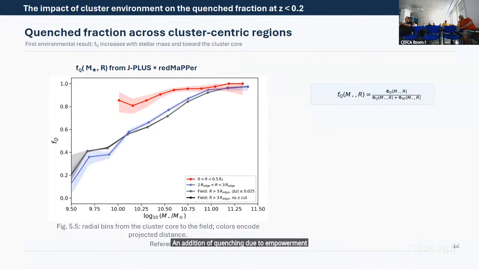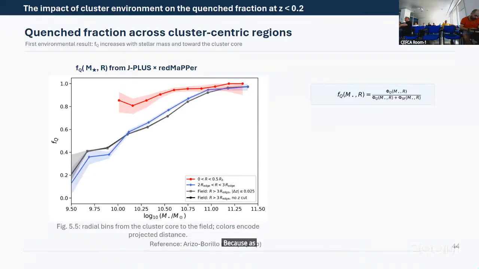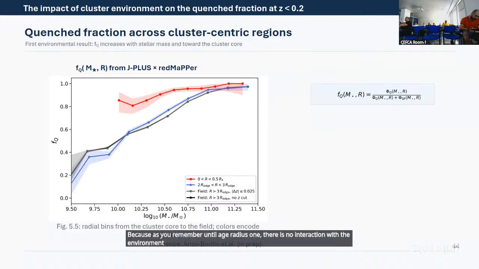And if we go from the outermost part of the galaxy clusters to the innermost part, we can see how the quench fraction goes up a little bit. Between H radius 2 and 3 it is very similar to the field, because as you remember, until H radius 1, there is no interaction with the environment of the galaxy cluster.